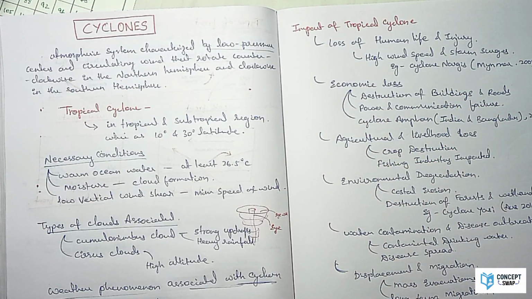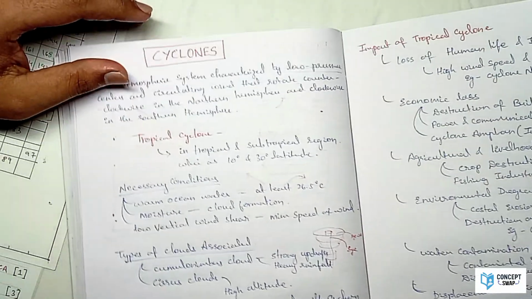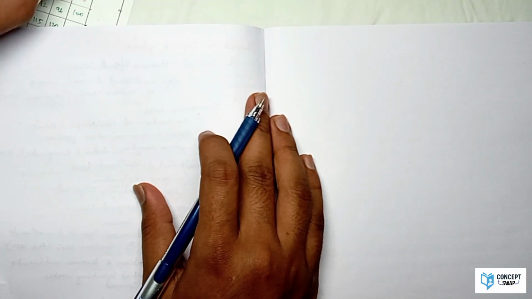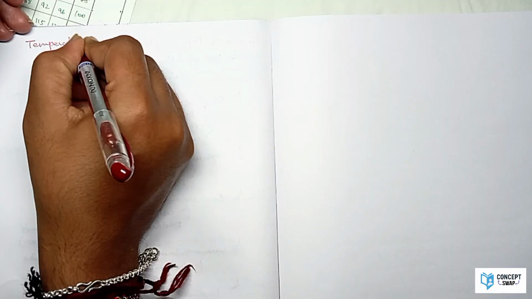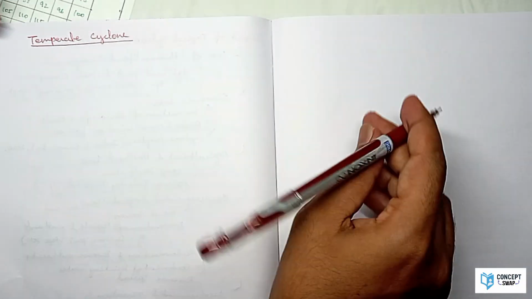Okay, let's continue this part. Now we discussed tropical cyclone, and next we discuss temperate cyclone. What is a temperate cyclone?